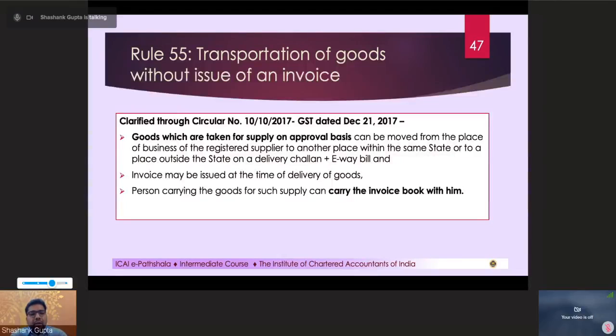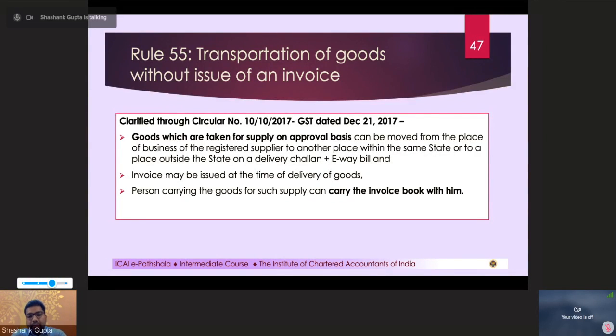It says, goods which are taken for supply on approval basis can be moved from the place of business of the registered supplier to another place within the same state or to a place outside the state on a delivery challan plus e-way bill, and the invoice may be issued at the time of delivery of goods. The person carrying the goods for such supply can carry the invoice book.